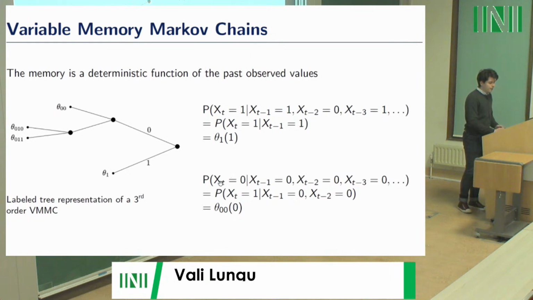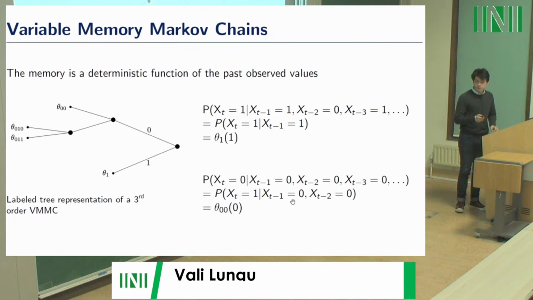Another example might be this one here, where you want to find the probability that xt equals 0, given your past 2 observed samples were 0, 0. In that case, graphically, it means you have to take this path up until you reach this leaf, for which again you know the distribution. So in this case, the memory is 2.